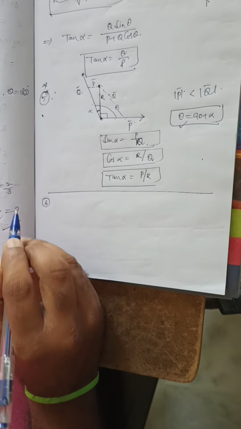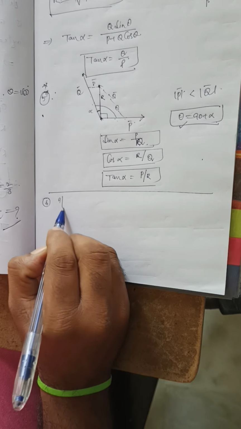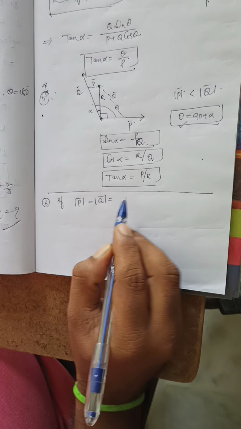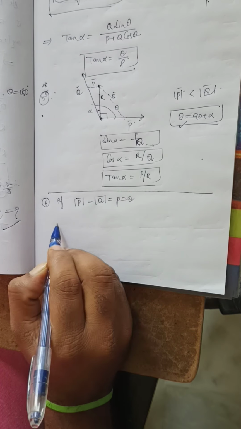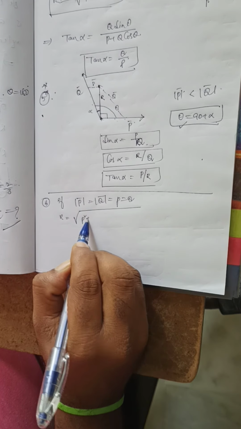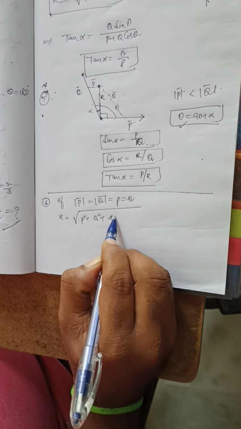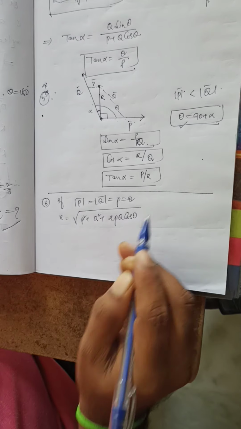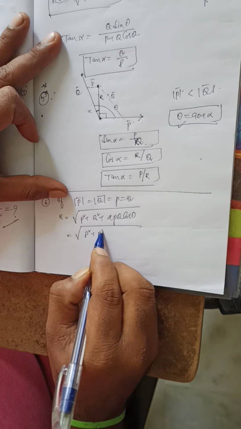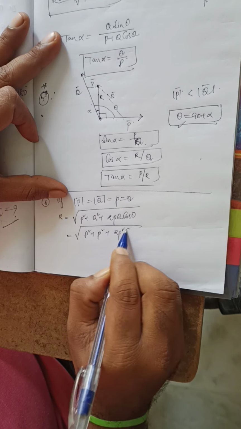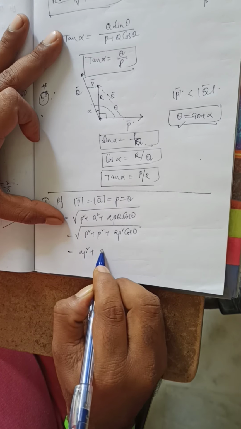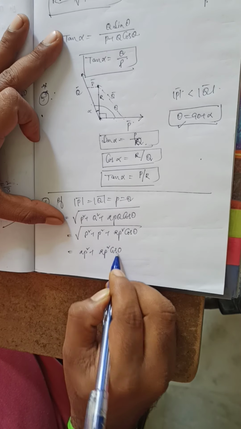Next one, last sixth application. For example, if modulus of p bar vector and modulus of q bar vector are both the same, then what is the resultant vector's magnitude? Under root of p square plus q square plus 2pq cos theta. Then this will be equal to p square plus p square plus 2p square into cos theta, that is 2p square plus 2p square cos theta.